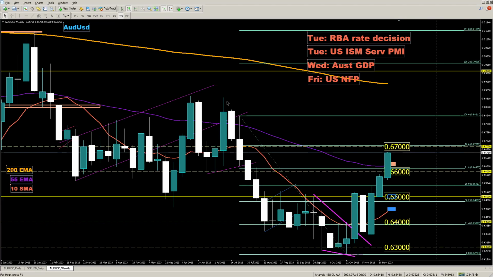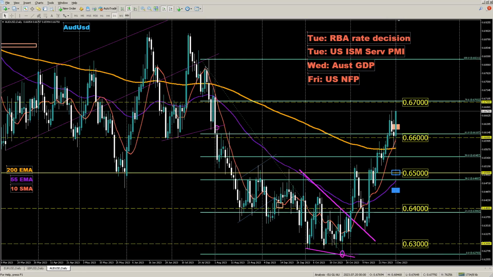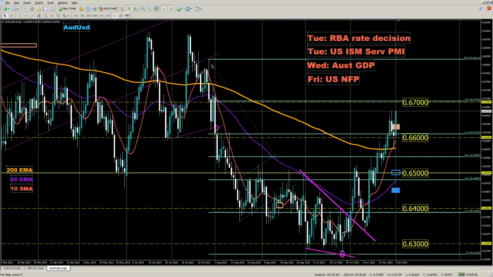That's the 78.6 fib. And that's the other channel that it fell from.